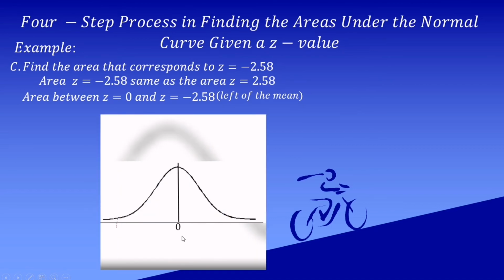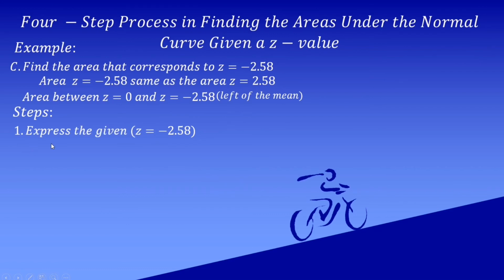Let us illustrate in our normal curve. The shaded region is on the left side since this is negative. Negative 2.58 approximately falls in this region. So we need to find the area of the shaded region here.